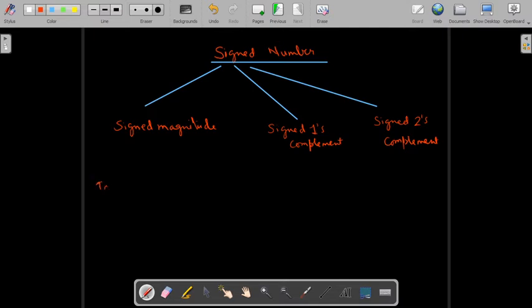Now take an example. When we are talking about a positive number, a positive number can have only one representation.